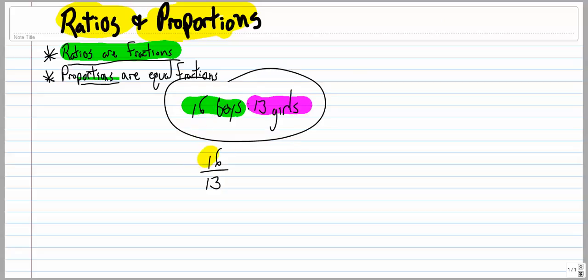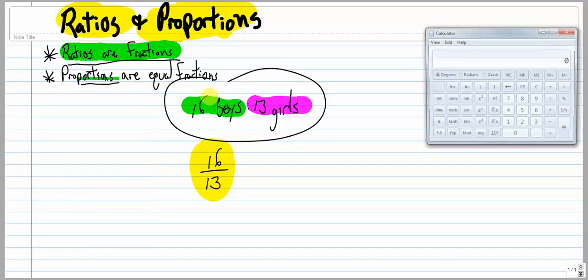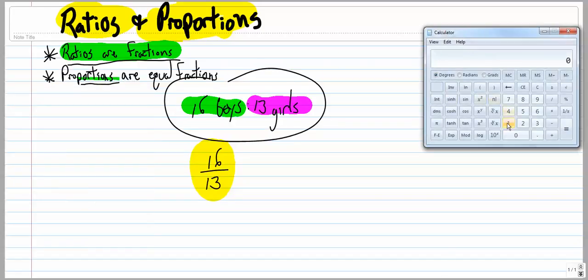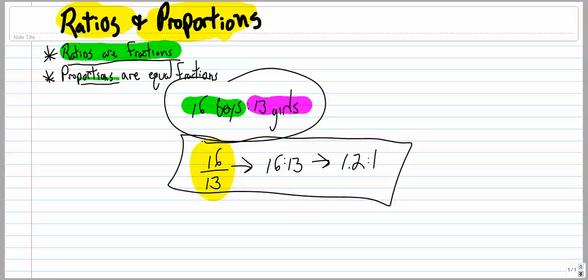Well, what we could do is actually do this math problem. We could bring up our calculator here, and we could go 16 divided by 13, and we get 1.23 and a whole bunch of decimals. Let's just keep it at 1.2. So that means that this fraction or this ratio is the same thing as 1.2 to 1. So all three of these things are equivalent.